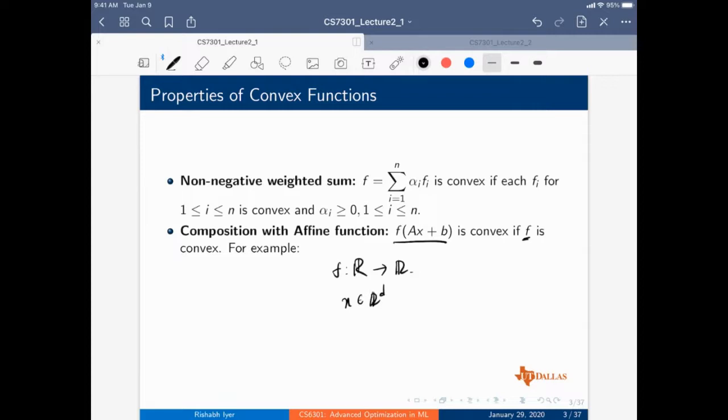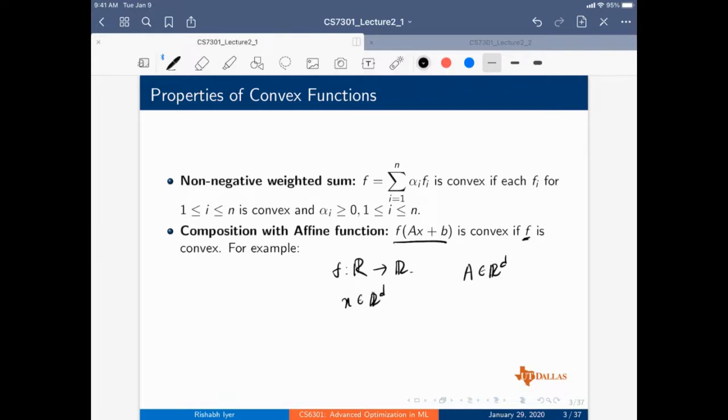The transformation Ax plus b gives a scalar quantity, or it could be a vector, depending on the function. But imagine that A itself is a vector in R raised to d. Then this is also a convex function.